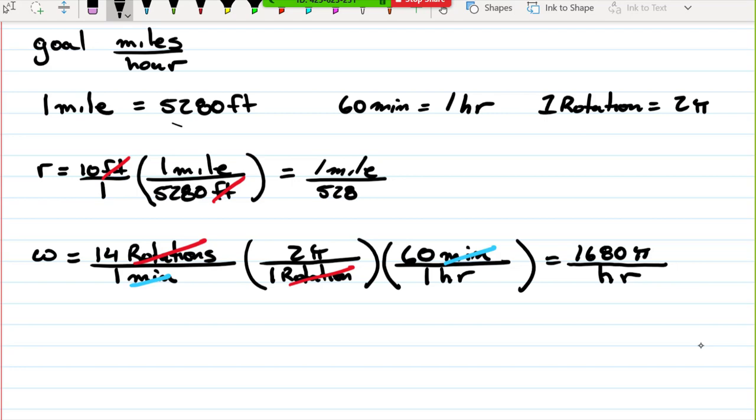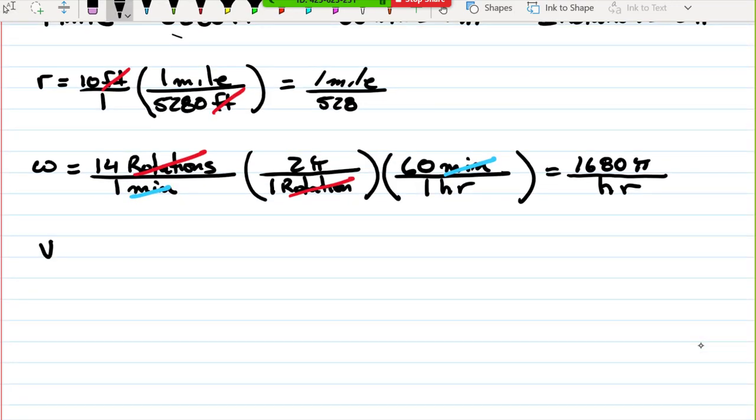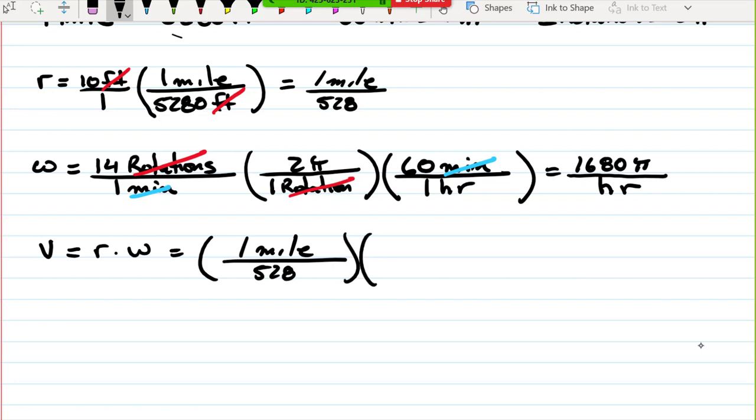So now that I know r and I know omega, I can use my formula. V equals r times omega is going to be 1 mile over 528 times my omega, which is 1680 pi over hours.